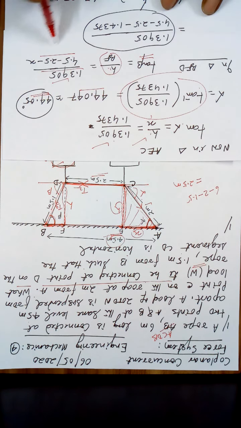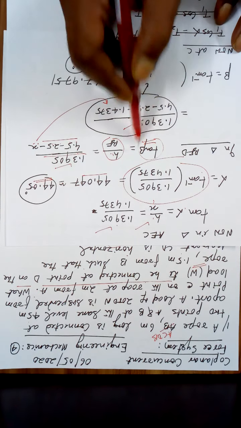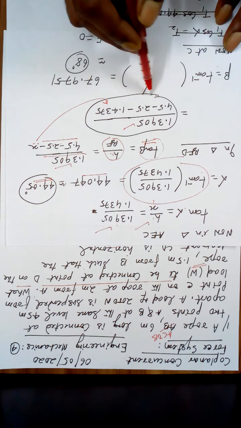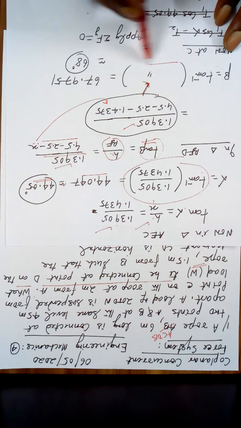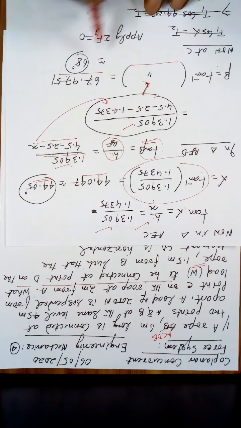So here put the value of x: 4.5 minus 2.5, value of x we have just calculated, and this is h we have calculated. So tan beta is this. So beta is equal to tan inverse of this. Just put it in a scientific calculator. This comes out to be 67.9751.